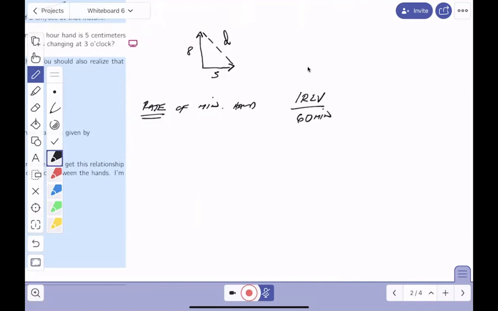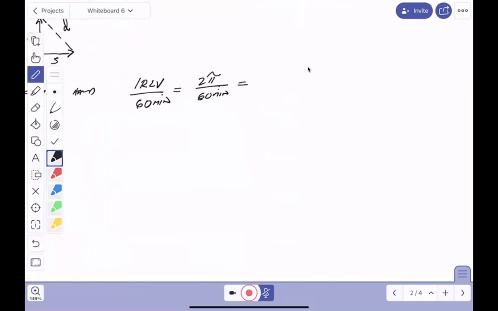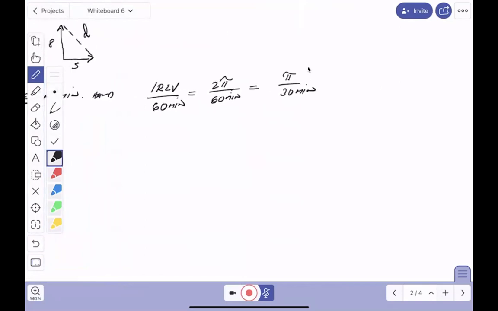We really shouldn't be using revolutions in mathematics; we should talk about radian measure. So it's 2 pi every 60 minutes. That's once around. So you get pi over 30 per minute. That's the minute hand's rate.